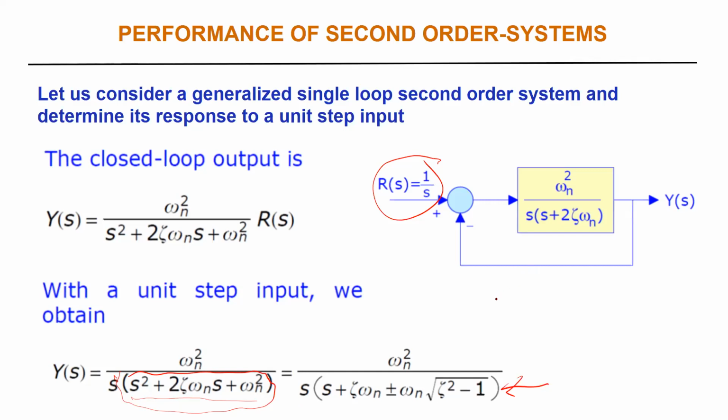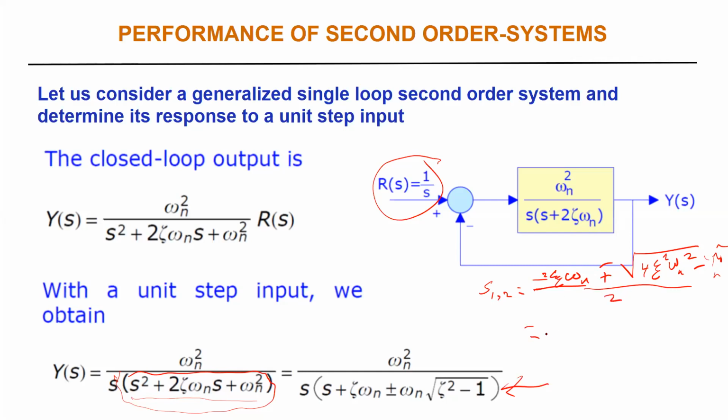So the roots, let's say s1 and s2, equal minus 2 zeta omega n plus or minus the root of 4 zeta squared omega n squared minus 4ac, with a equal to 1 and c equal to omega n squared, all over 2.